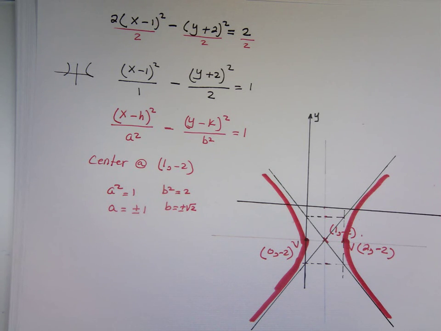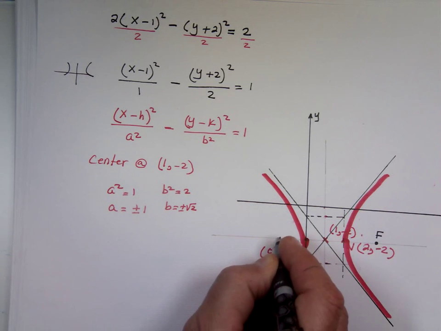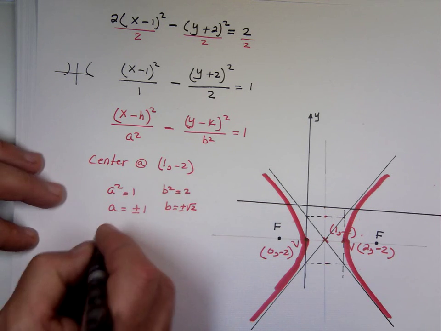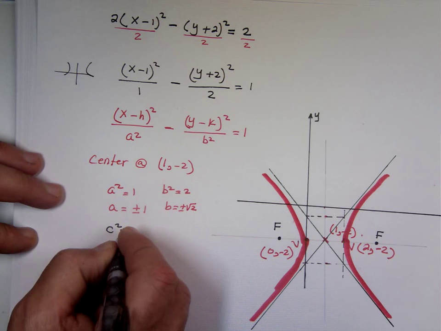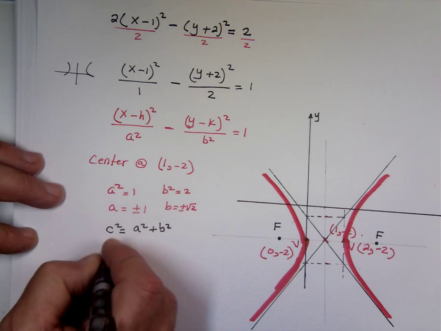Notice where the center is. Notice it's not center 0, 0. It's center 1 comma negative 2. You want to find the focal point? There's a focal point here, and there's a focal point here. To find the focal point, we say c squared equals what? A squared plus b squared. C squared equals 3.